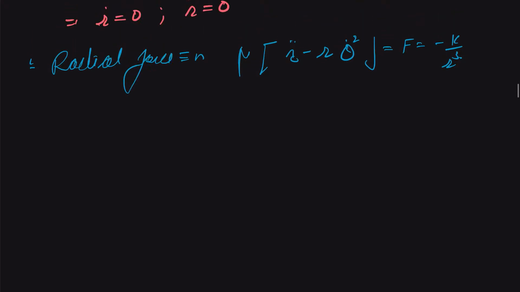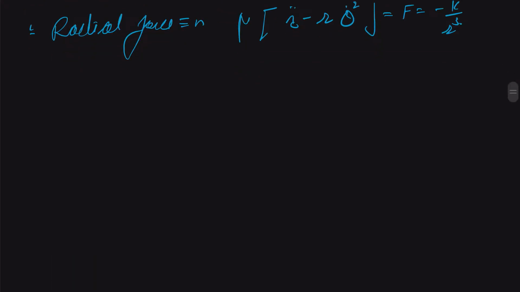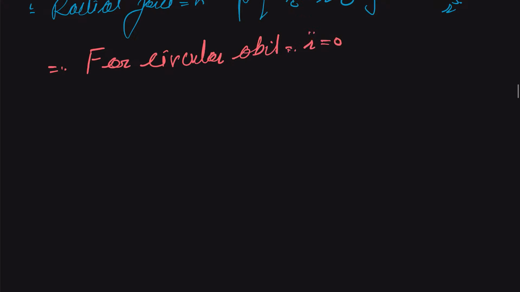And as we said, for circular orbit the r double derivative is equal to 0, so we substitute it and we get minus mu r theta dot square is equal to minus k upon r cube.